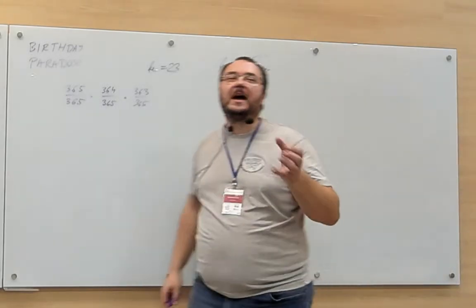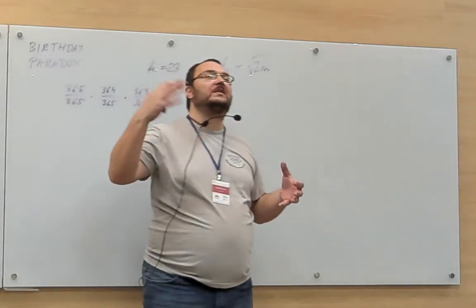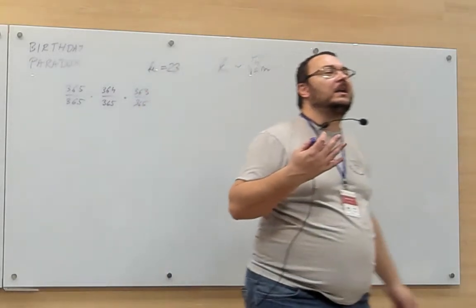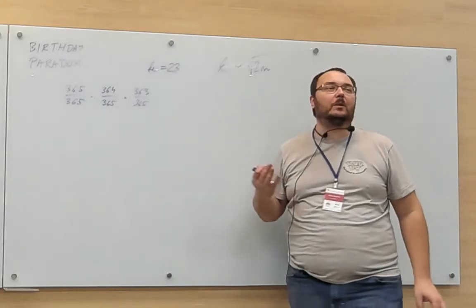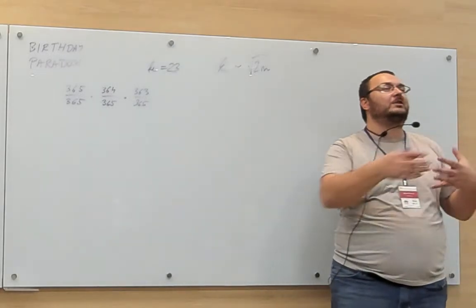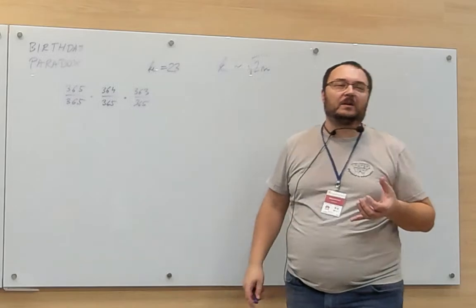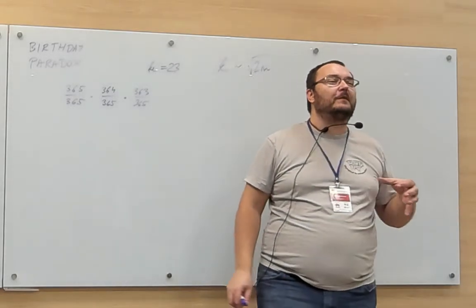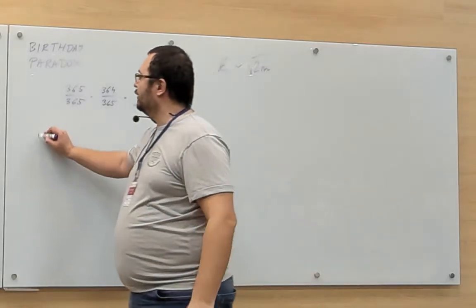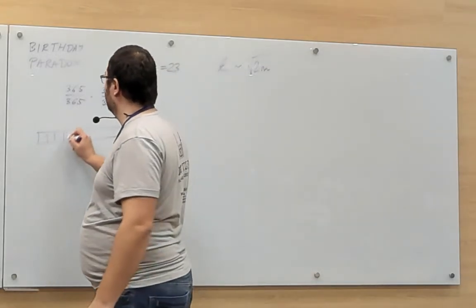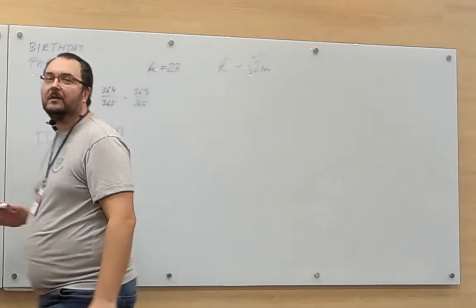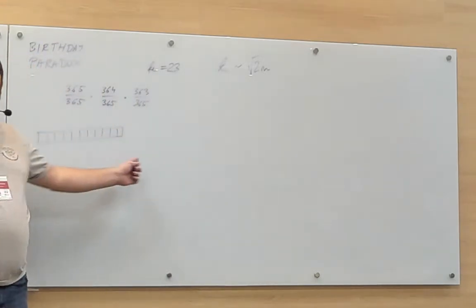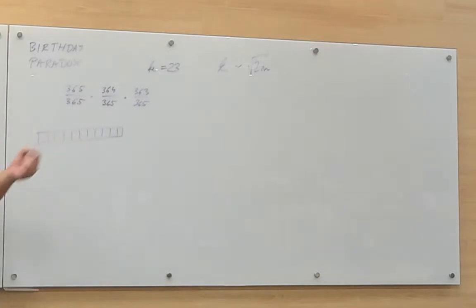So why does this matter? And why should we keep this in mind in programming competitions? First of all, if you want to use hashing as a data structure, you will definitely need to deal with collisions. The hash table in this case is the calendar year. The days of the calendar year are the individual buckets of the hash table.